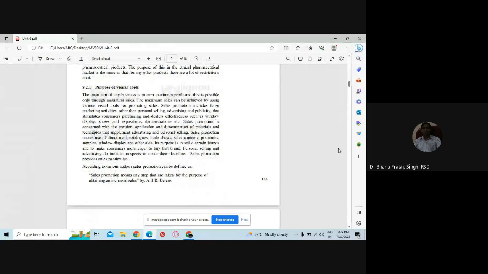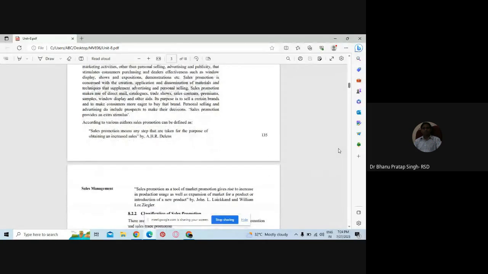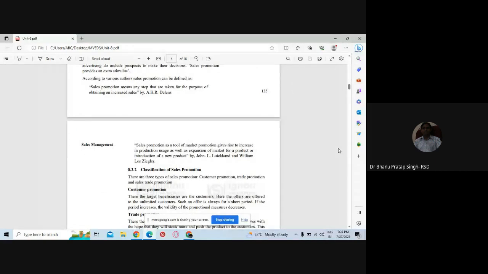According to various authors, sales promotion can be defined as any step that is taken for the purpose of obtaining increased sales, as given by A.H.R. Dalrymple. Sales promotion as a tool of market promotion gives rise to an increase in product use as well as expansion of the market for the product or introduction of a new product, as defined by John L. Lucas and William Lee Ziegler.